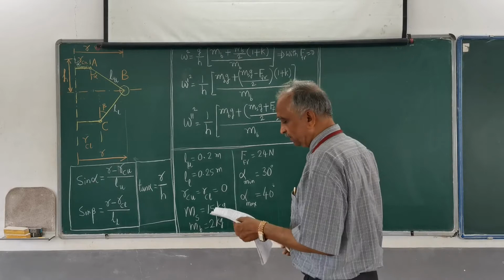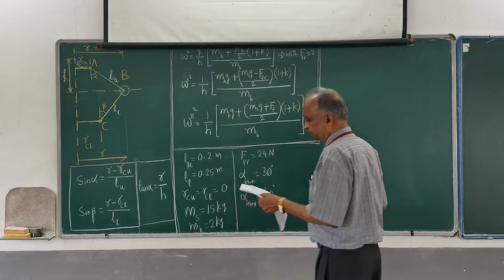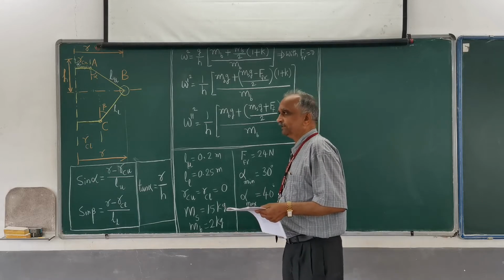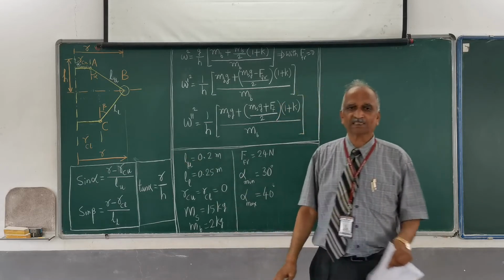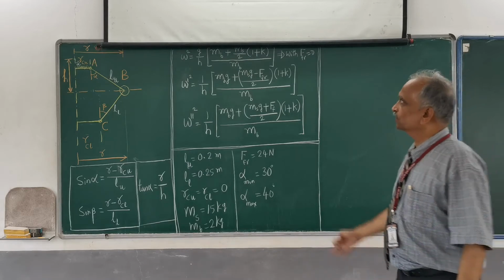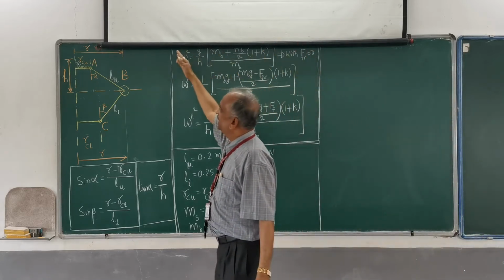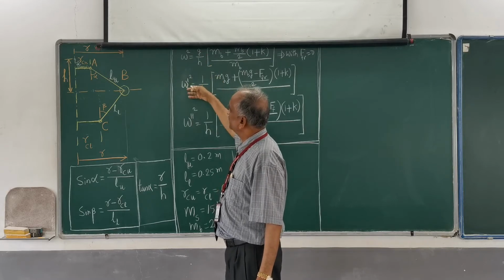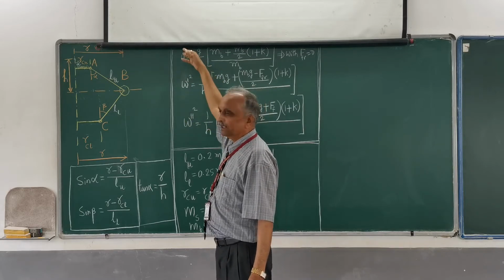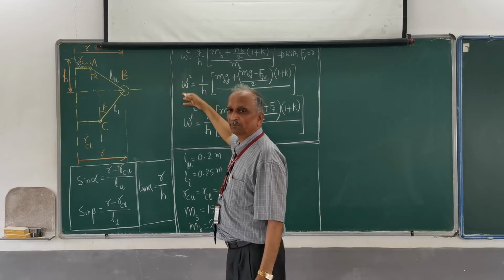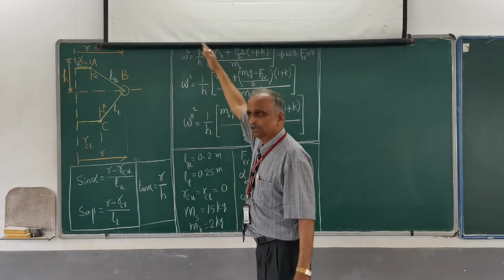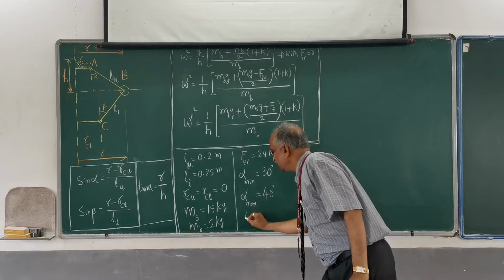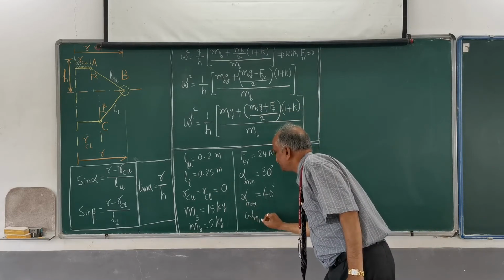Okay, find, taking friction into account, the range of speed. The range of speed is nothing but the minimum speed of the governor to the maximum speed of the governor. So I have omega, omega dash, omega double dash. I have omega minimum dash, omega minimum double dash. I have omega maximum dash, omega maximum double dash. Among all this, what is the minimum speed? The minimum speed is omega minimum dash.